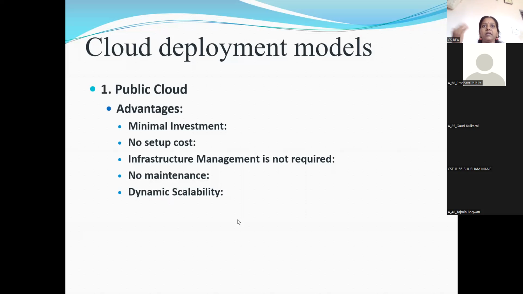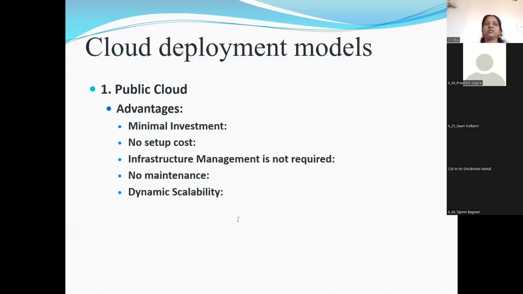You are directly getting the service from the service providers only. Then infrastructure management is not required. That is, using the public cloud does not necessitate infrastructure management.